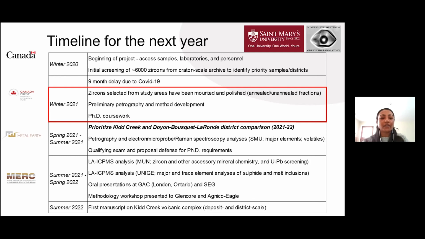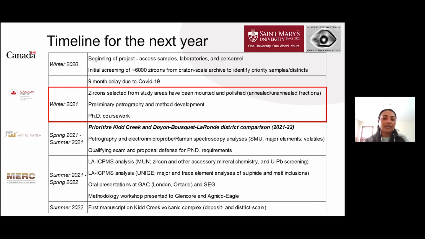And then moving on to spring 2021 to summer 2021, we'll be prioritizing samples from the Kidd Creek and Dayohessarah and Buscay camps. We'll be doing some petrography, electron microscopy, and Raman spectroscopy analysis, all to be done at SMU. And I'll be preparing for my qualifying exam and proposal defense.